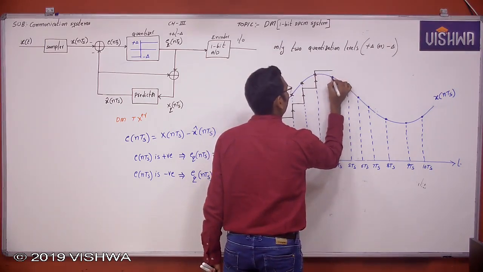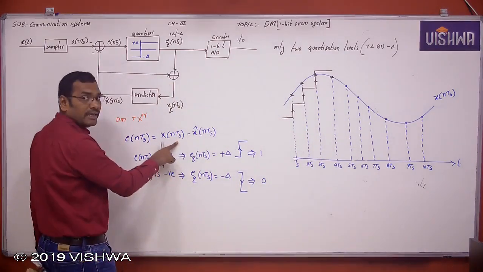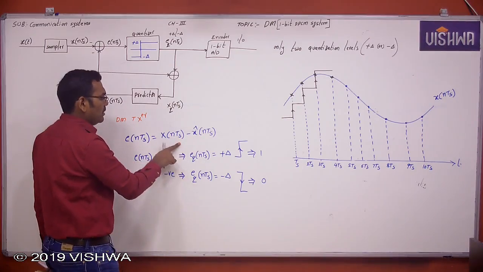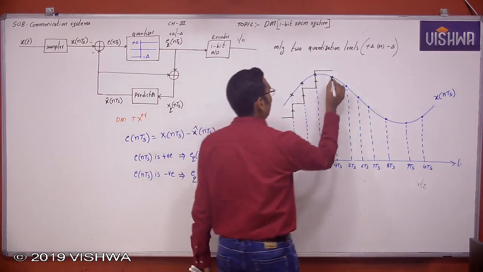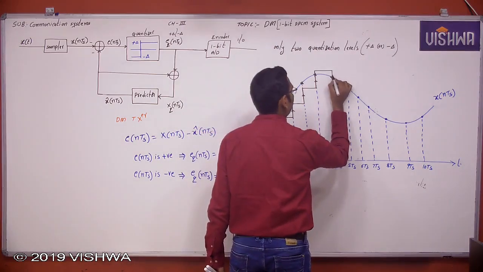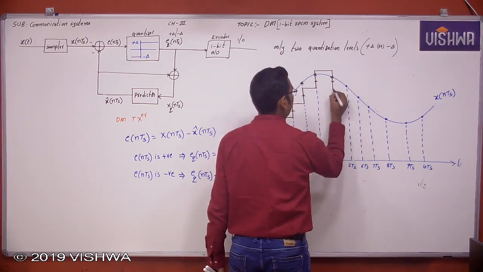Now at 4Ts, this strength is more than this. Now this error is negative, then this is quantized as minus delta, decremented by delta.